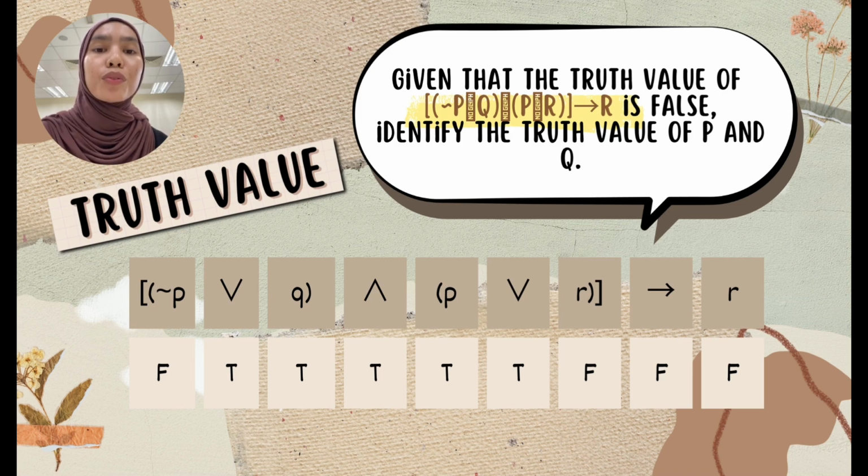So to get true for or, it's true made false, false made true. So here R is false, so P will become true. True made false will become true. And then for the first bracket, we know that P just now is true, so not P is the inverse, it becomes false. So to get true for or, false made true. Only false made true will become true, if it started with false first. So Q is true. So the true value of P is true, and the true value of Q is also true.